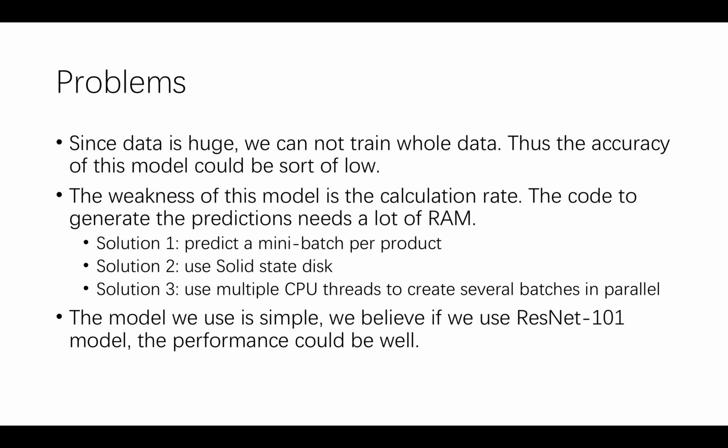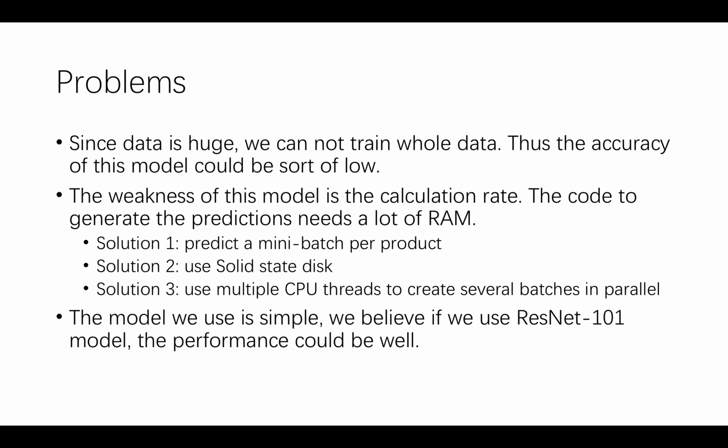As we know, when we use a convolutional neural network, it is pretty slow because we train from end to front. So the calculation rate is pretty low, and we need to wait for a long time. Sometimes we train this model for nearly 20 hours.